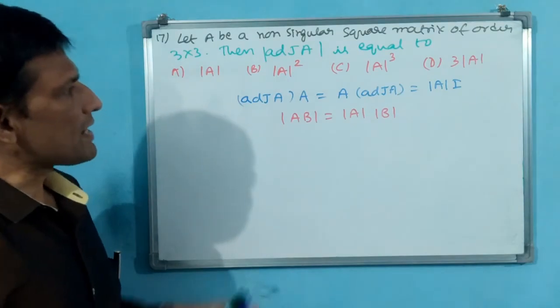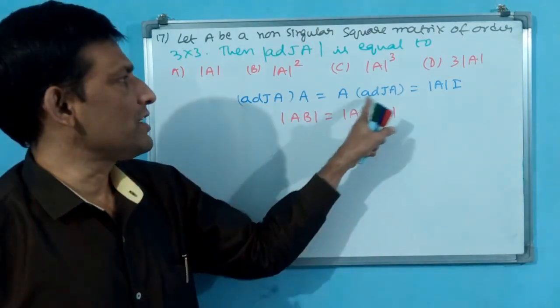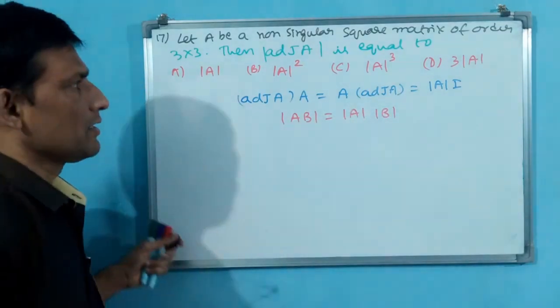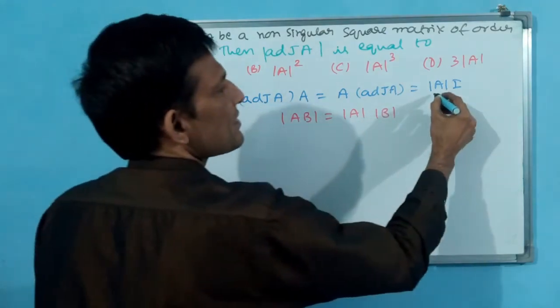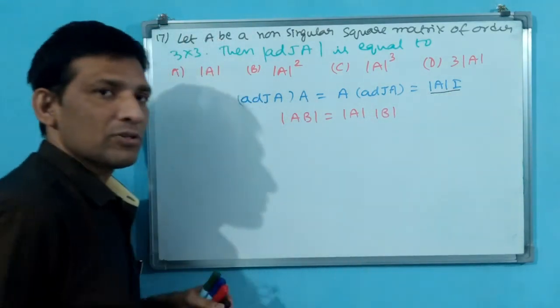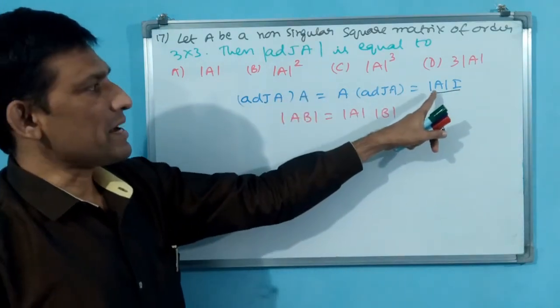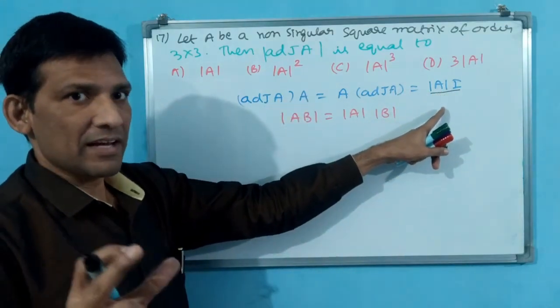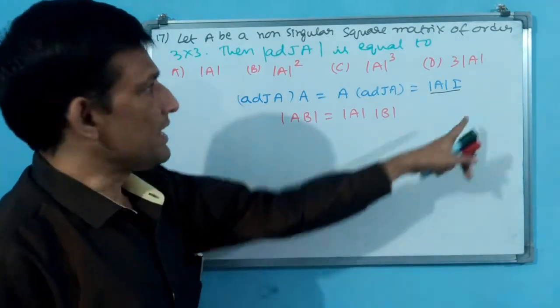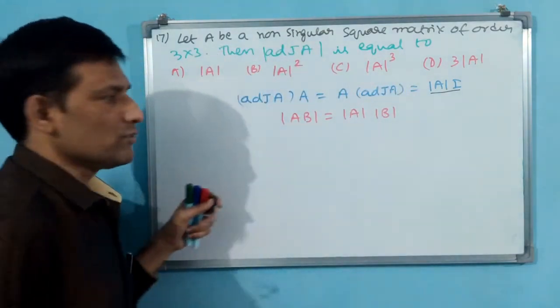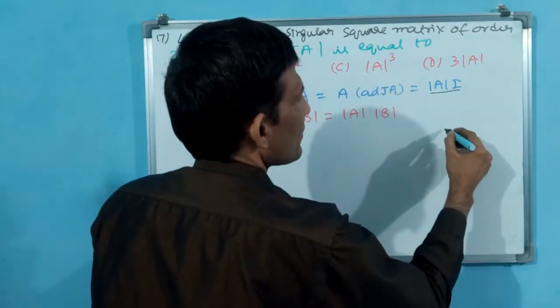Okay, now what I am going to do, these two I am taking, A into adjoint A. Before that, first let me find this one. What is this? I already told, this is a matrix, like all are matrices. Why? Because the determinant A is a scalar. If you multiply with I, that I is what? 3 by 3. You see what I am doing here?